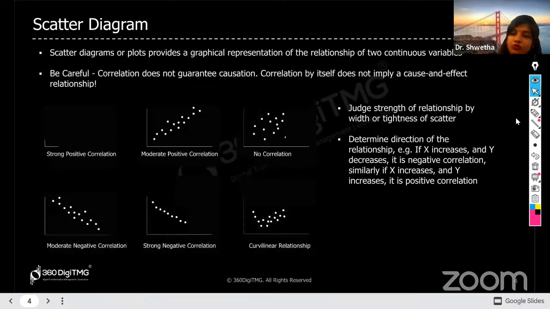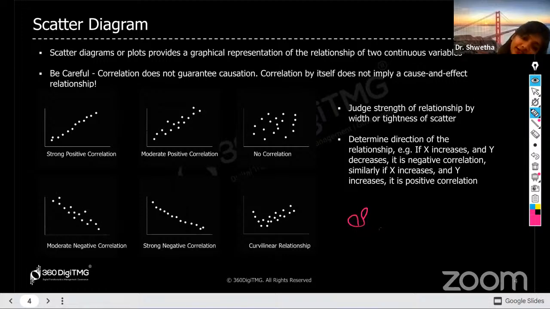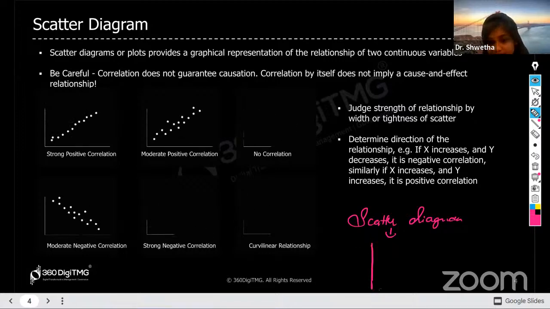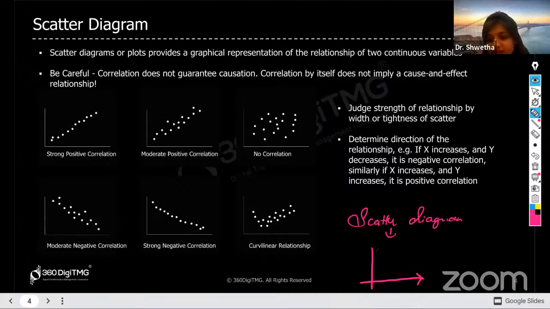Now, moving on to the scatter diagram. What are scatter diagrams? Scatter diagrams are plots. Here, you can graphically represent the relationship between two continuous variables. Say, here there is x, here there is y.